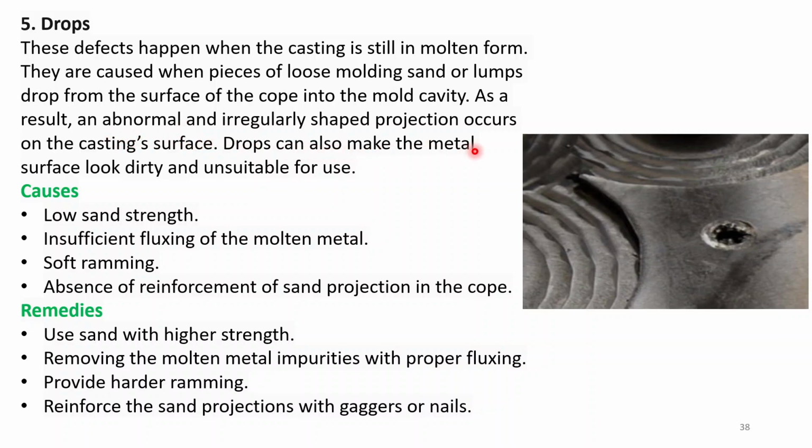Drops can also make the metal surface look dirty and unsuitable for use. The causes: low sand strength, insufficient fluxing of the molten metal, soft ramming, and absence of reinforcement of sand projection in the cope.